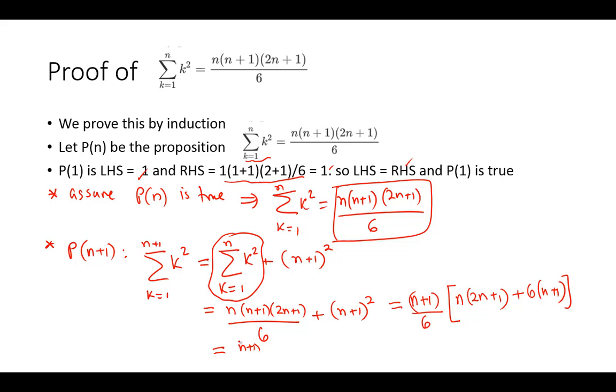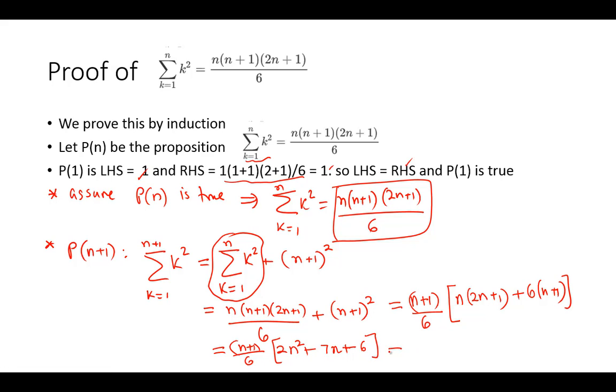And then we write (n plus 1) over 6 times, and if you simplify this, you will get 2n squared, plus n plus 6n, that would be 7n, plus then you have a 6 in here.